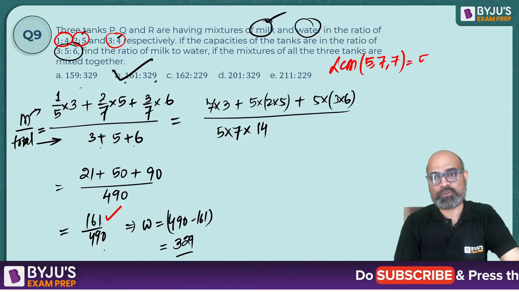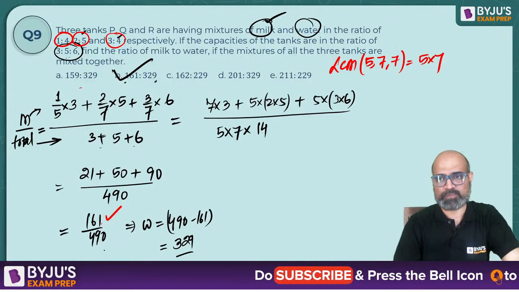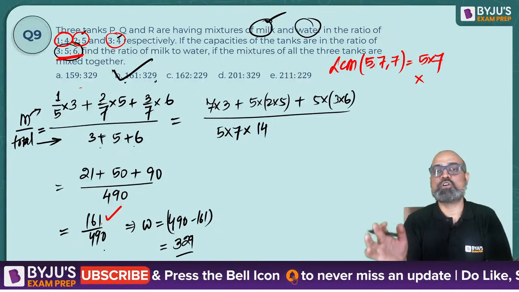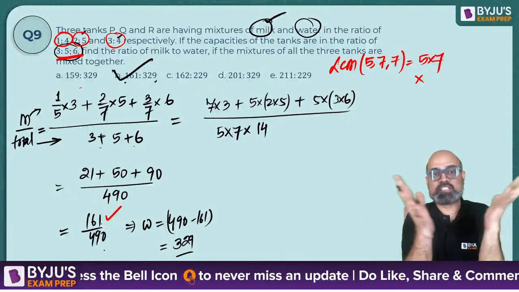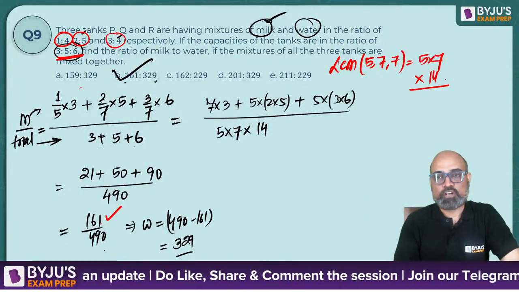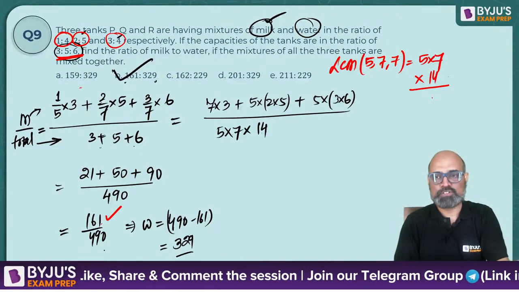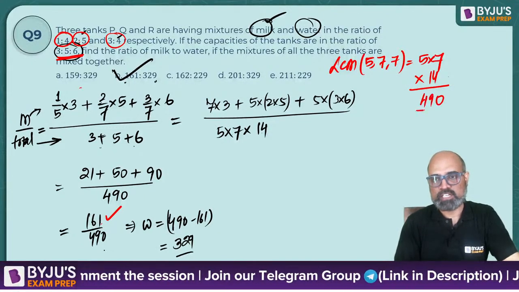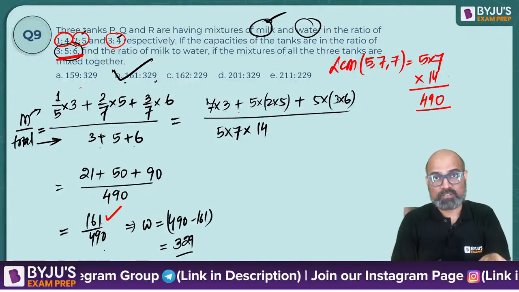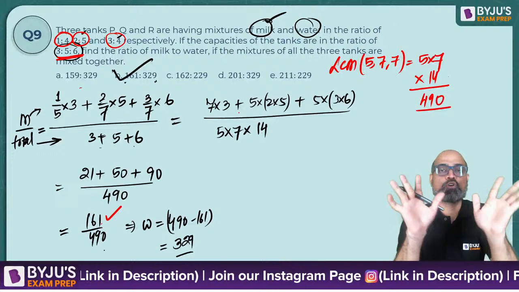So this is going to be 5 into 7, 35 होगा LCM, right? And then you multiply this with the sum of the quantities given, 3 plus 5 plus 6. 14. So 14 is what? 7 into 2, na? 5 into 2 is 10, 7 into 7 is 49. 490 आ गया. Now choose that option जिसमें दोनों को ऐड करके 490 आता है.